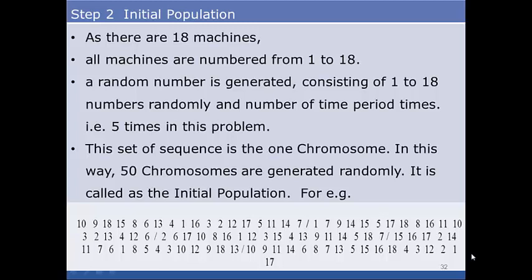The initial chromosome generated by computer, the first chromosome, is this: 10 to 7 is the first 18 machines, from this to this the second 18 machines, from this to this the third 18 machines, the fourth 18 machines, like this. Now this particular sequence is randomly generated by the program. This is one chromosome. In this way, I have generated 50 such chromosomes in the program.